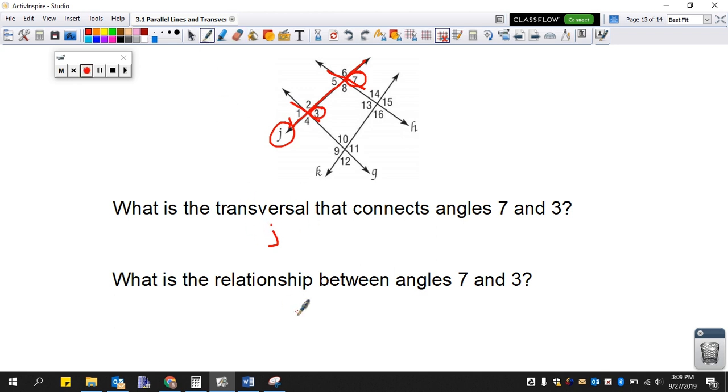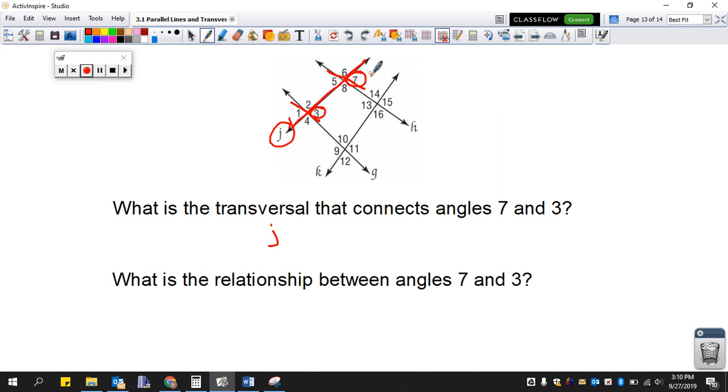And what's the relationship between angle 7 and 3? Well, 7 is on the outside, is exterior. 3 is on the interior. That gives us a clue that they're not going to be either alternate interior or alternate exterior because we have one interior and one exterior. So they're either going to be corresponding or consecutive interior.